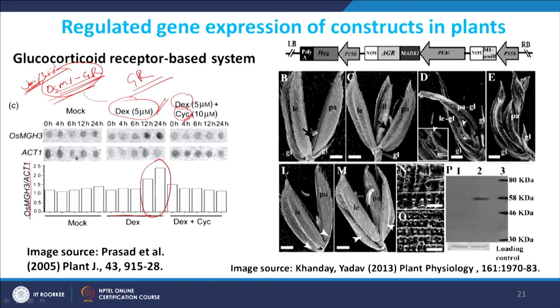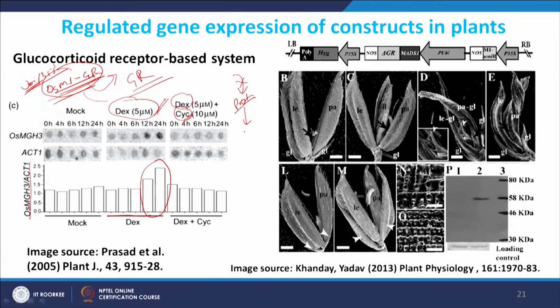In that case, whatever MATS1 delta GR protein is already made will enter the nucleus and activate the immediate genes. But the RNAs of genes activated at the transcription level will not make protein because of cycloheximide, and if protein is not made, their targets will not be activated.